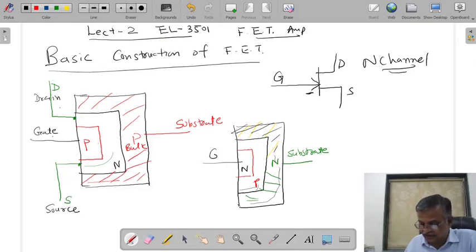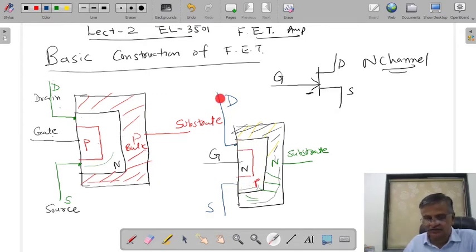This is called gate. One end of this is known as a drain, for this is your channel. Another end is known as a source. This is your channel. See, this channel. Which material do you use? P-type. So it is called P-type field effect transistor.